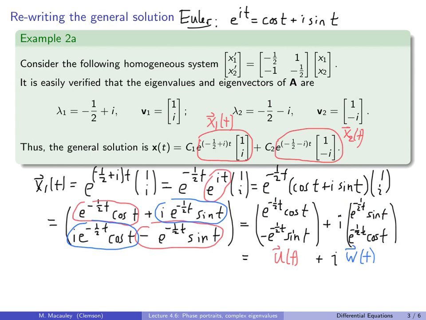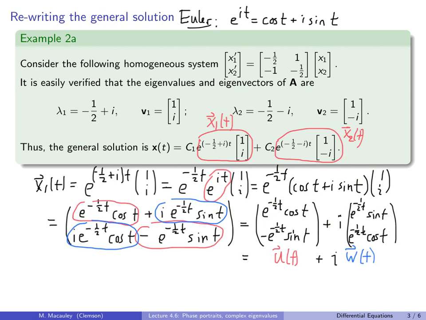Now recall our lemma from the previous slide. If x1 solves x prime equals Ax, and if we write this into its real part and its imaginary part, then this solves the system, as does that.